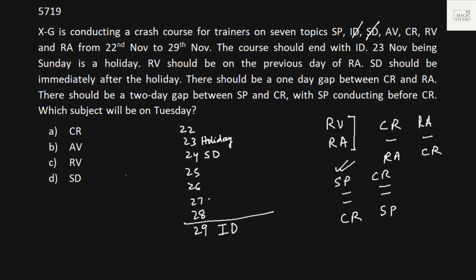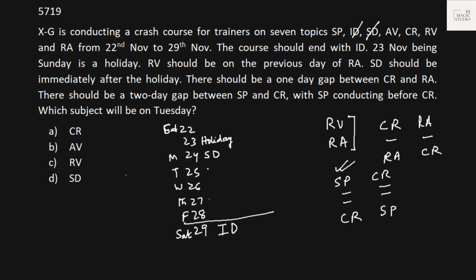And then CR may go to RA. This is Sunday, Friday, Saturday, Sunday, Monday, Tuesday, Wednesday, Thursday, Friday, and then Saturday. Okay. RV and RA. If I put CR, it cannot be before RA here.